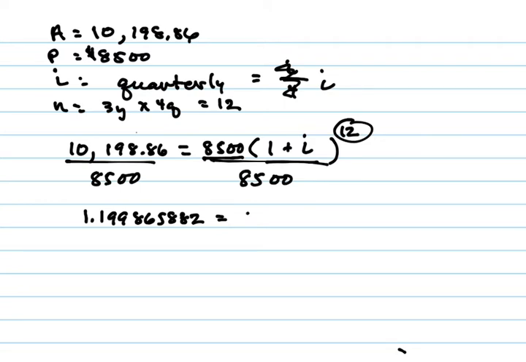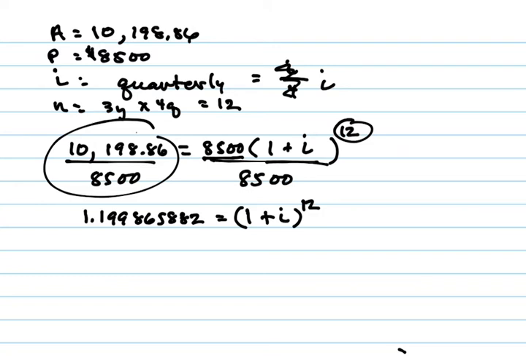Okay. So it's this thing divided by that should give us 1 point. Is that what you got? Okay. Equals 1 plus I raised to the 12th power. Now I've got to take that bracket apart.